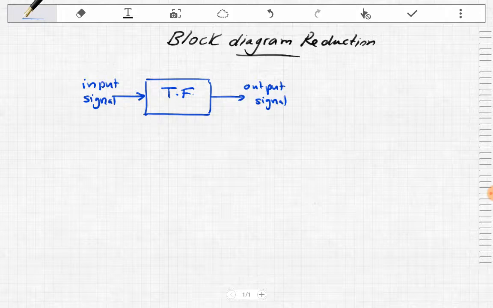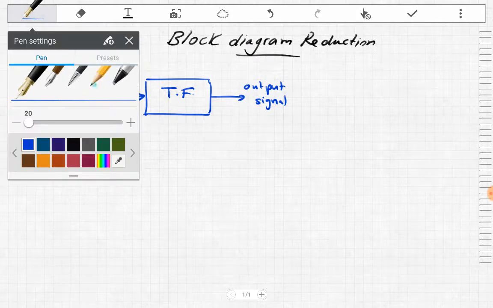In the end, we need to reduce and simplify all the blocks to have only one block that reduces the system to one block and shows you the relationship between the input and output. For example, you can find something like that, and we're going to solve it at the end of the class.